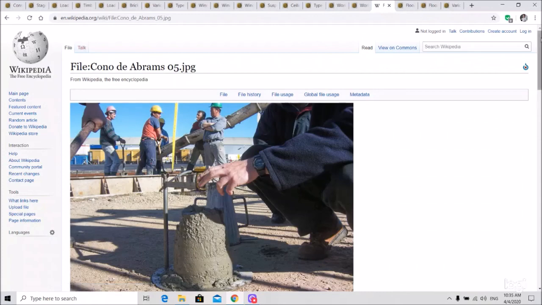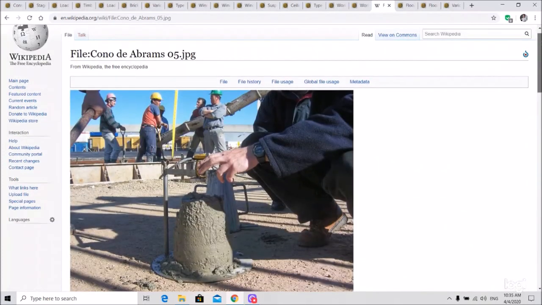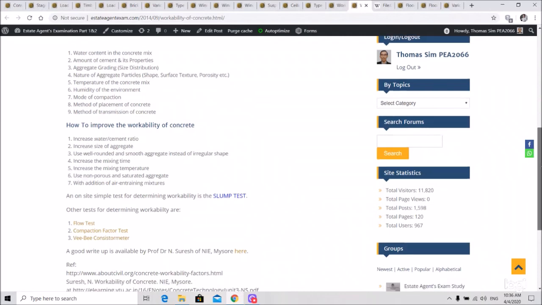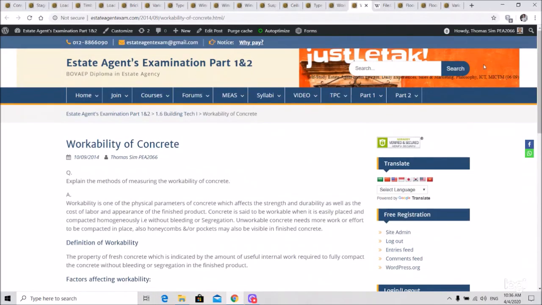So this is a measurement of how workable the concrete is. Right, not to drill into detail on this, there are a few other tests that can test the workability: flow test, compacting factor test, VB consistometer. All these are quite severe engineering, no need to go into detail.